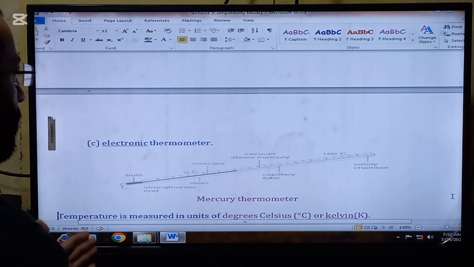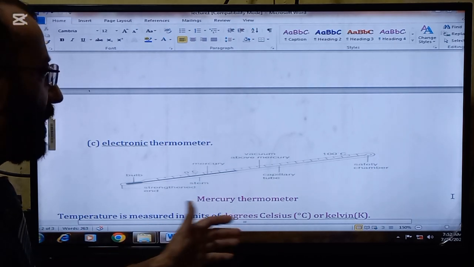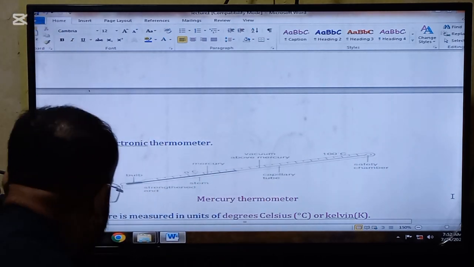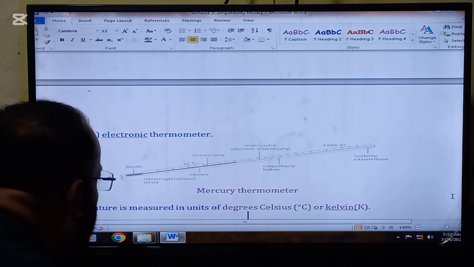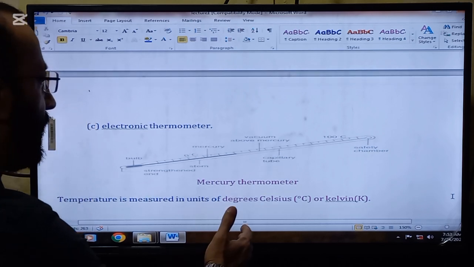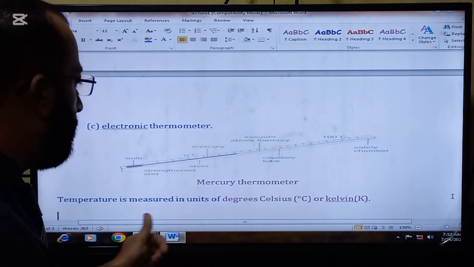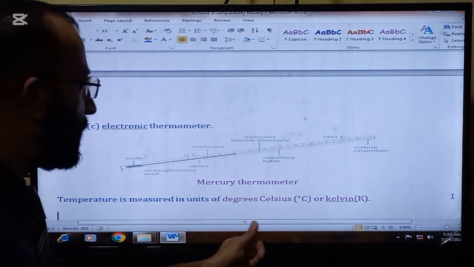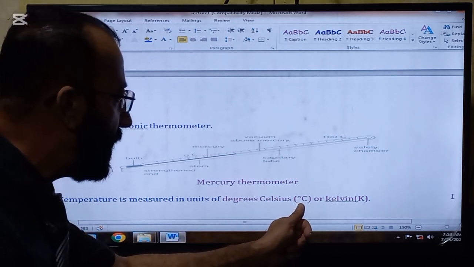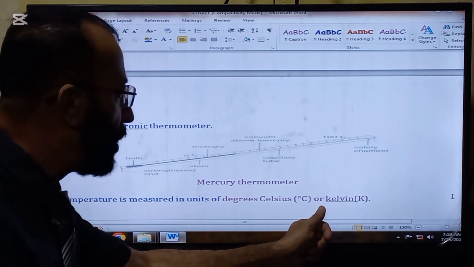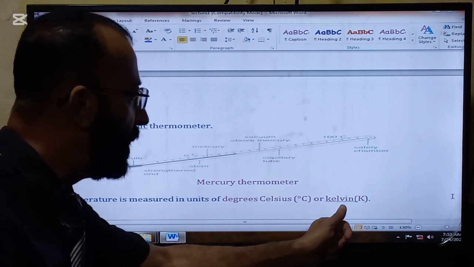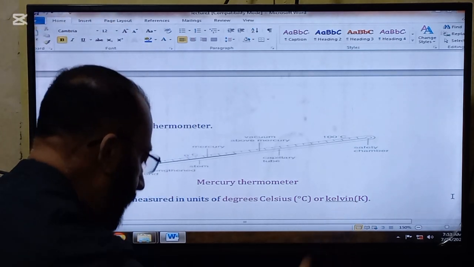Here is a figure of the mercury thermometer that is widely used. Temperature is measured in degrees Celsius or kelvins. When temperature is measured in degrees Celsius, the symbol is °C, and when it is measured in kelvin, the unit is K.